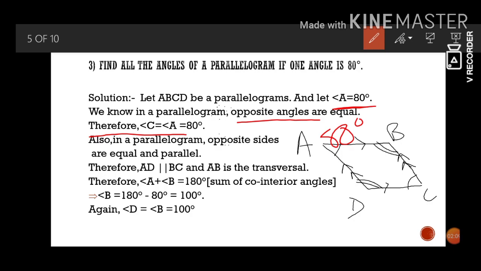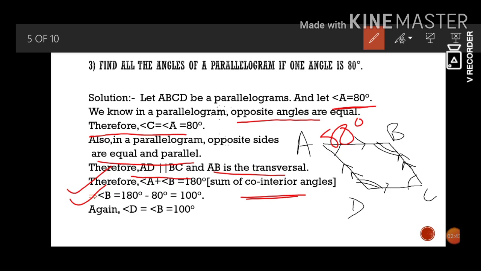Also, we know that in a parallelogram, the opposite sides are parallel as well as equal. So, if we consider AD parallel to BC and AB as a transversal, we can say angle A plus angle B is equal to 180 degrees by sum of co-interior angles is equal to 180 degrees. Substituting the value of A and solving for B, we get angle B is equal to 100.